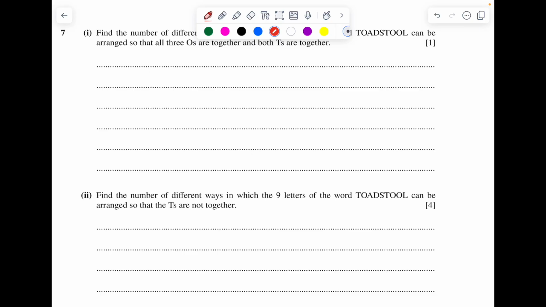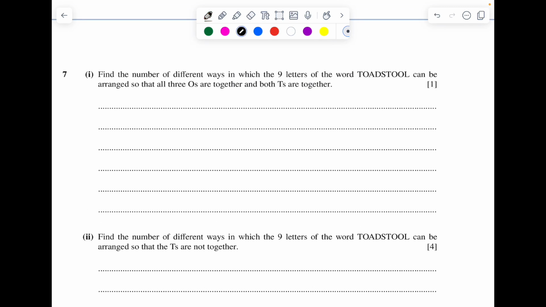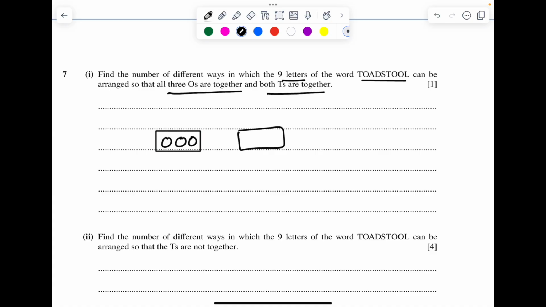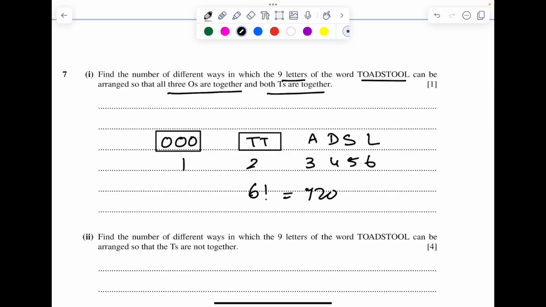Find the number of different ways in which the 9 letters of the word toadstool can be arranged so that all O's are together, O, O, O, and both T's are together, T and T. So what is left over now? A, D, S, L. So 1 unit, 2 units, 3 units, 4 units, 5 units, 6 units. It can be done in 6 factorial ways, which is going to be 720.